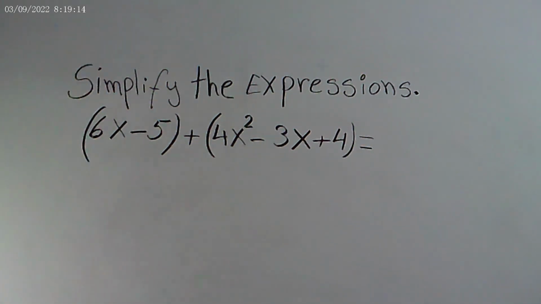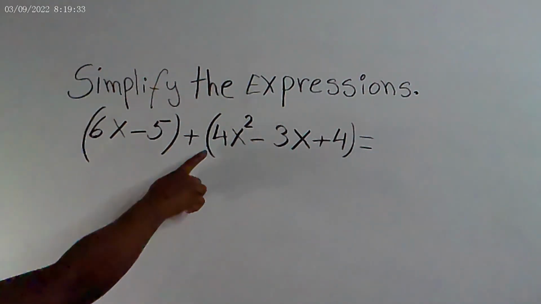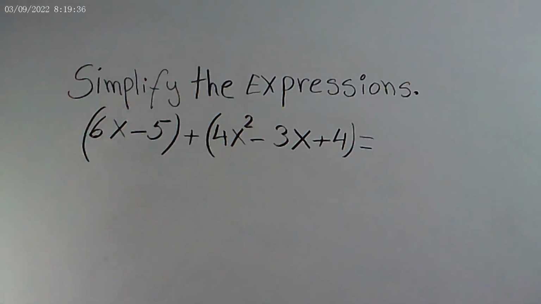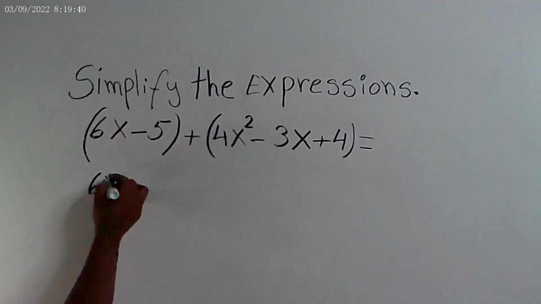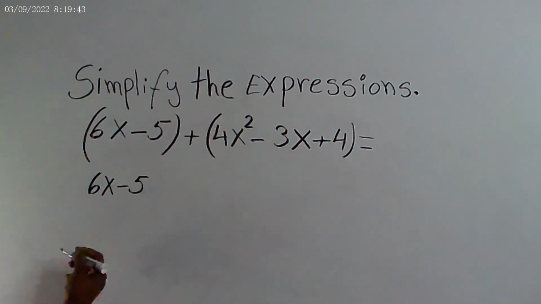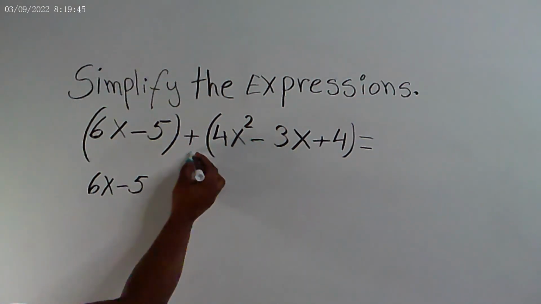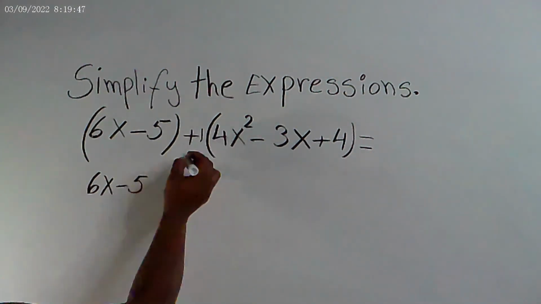Next example. Simplify the expression 6x minus 5, parenthesis, plus 4x squared minus 3x plus 4. So the first thing we are going to do is take out all the parentheses. Let's do this first. So 6x minus 5. When you go right here, it looks like you have a 1 in front here.